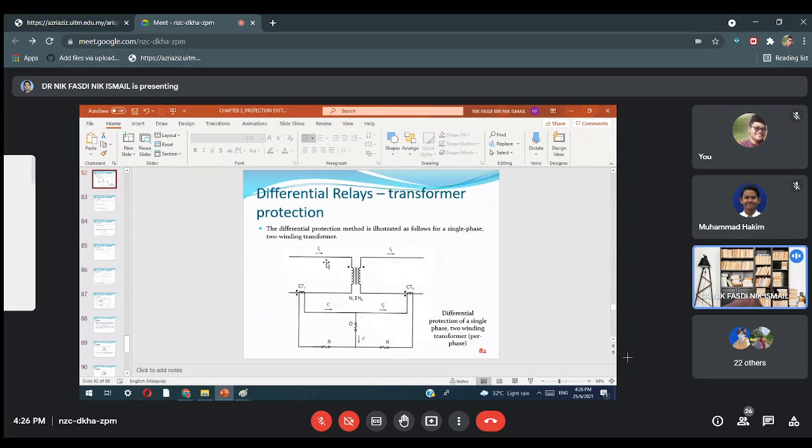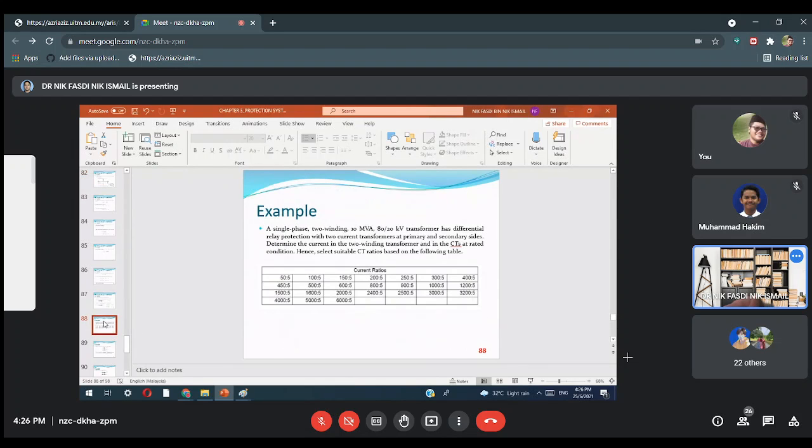Dia protect primary and protect secondary. Determine the current in the two winding transformer and CT at rated condition. So cerita soalan ni, select the suitable CT ratio based on the following table. Maksudnya, for this condition, which the suitable CT ratio. Yang mana sesuai? Right? So, ada banyak CT ratio kat sini.